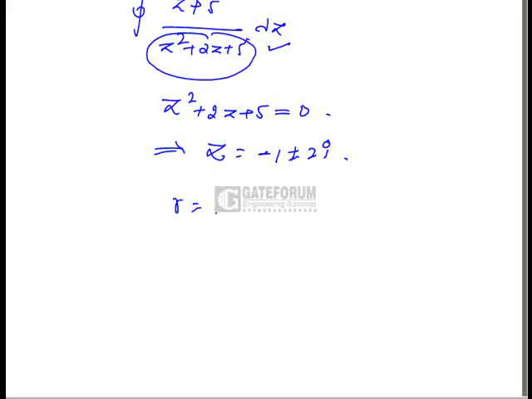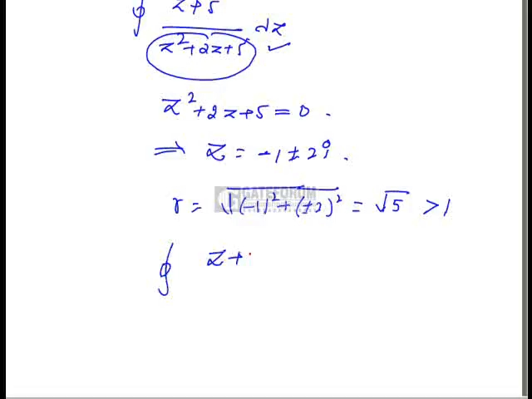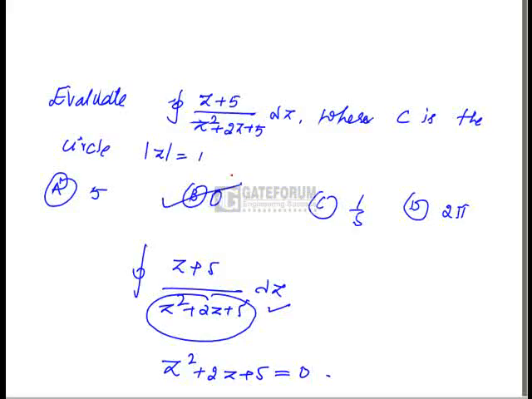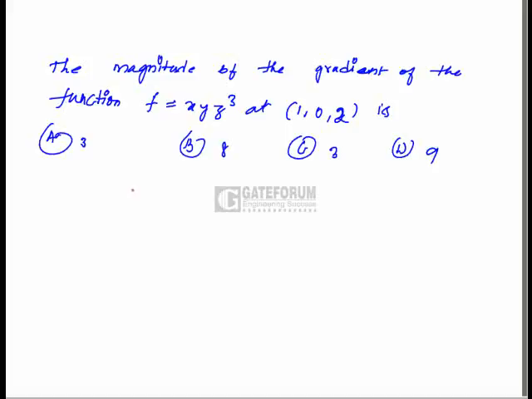The value of r is root over minus 1 square plus 2 square, which is root 5, always greater than 1. That means these poles lie outside the unit circle. If the poles lie outside the unit circle, the value of the integral will always be 0. So the integral of z plus 5 by z square plus 2z plus 5 will be 0. That is option B.